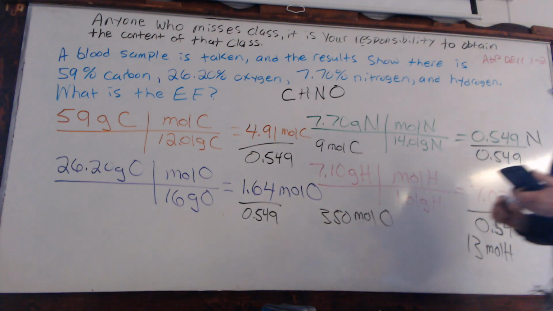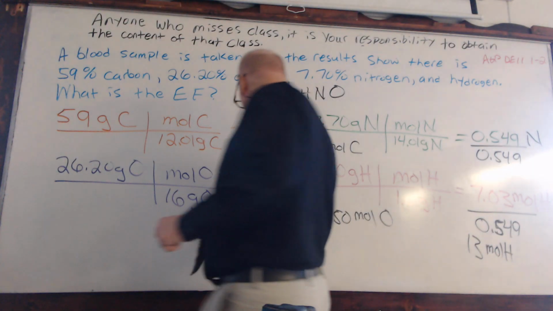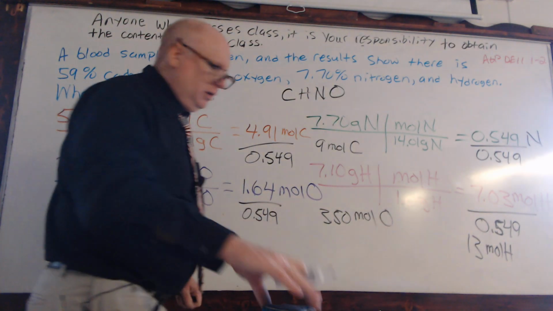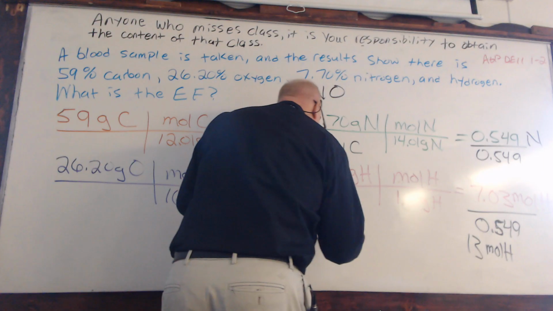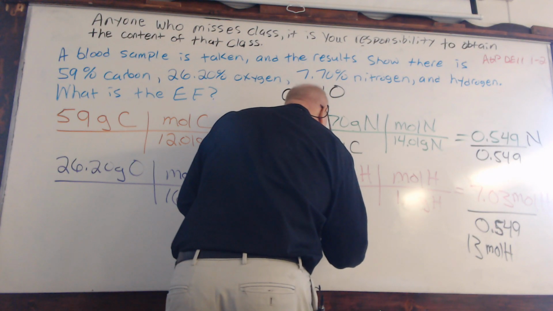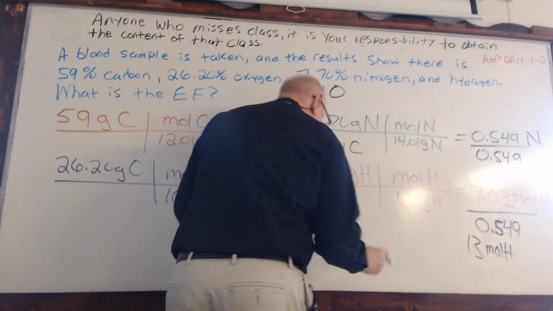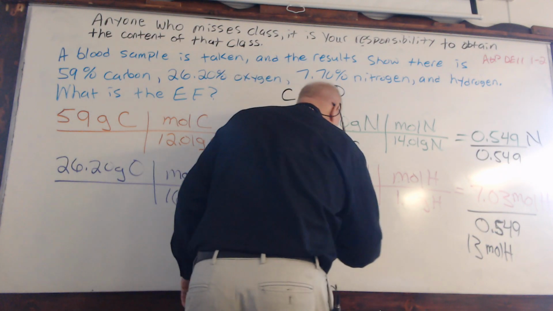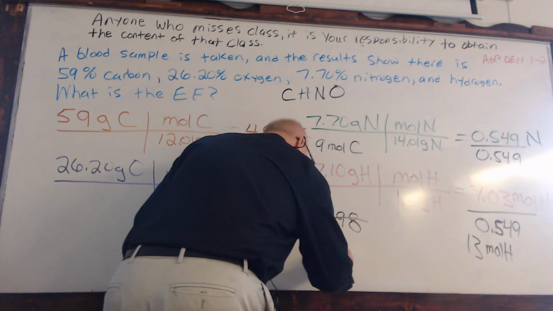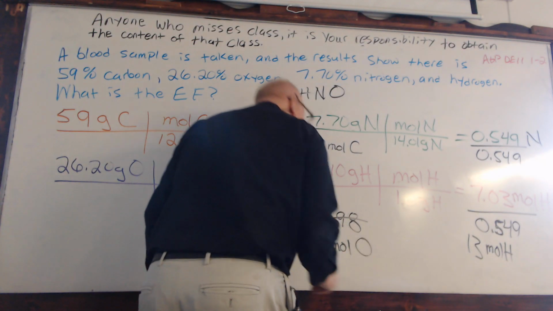You get 2.98, which is pretty close to 3. That could be rounded up. So therefore, 3 moles of oxygen.